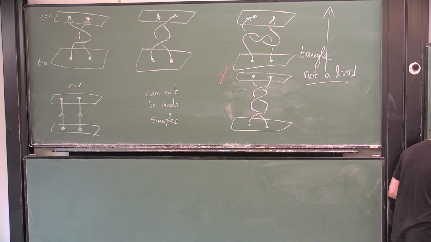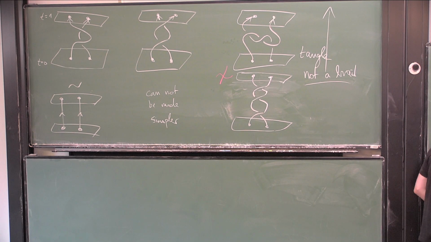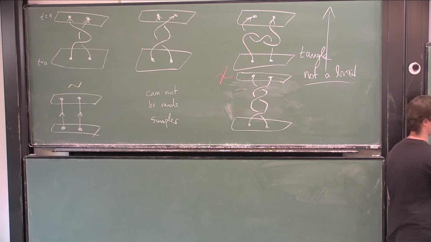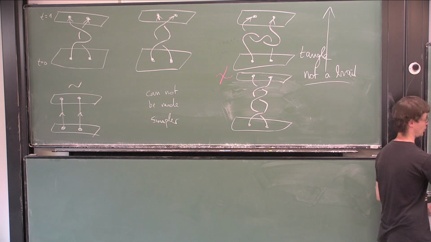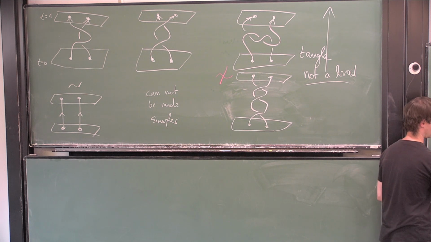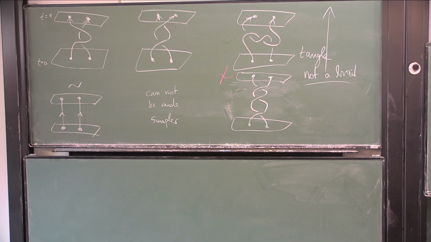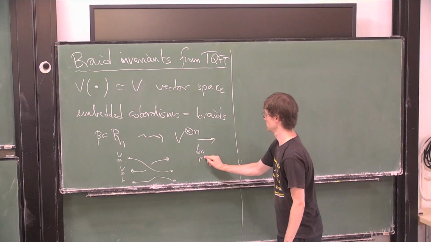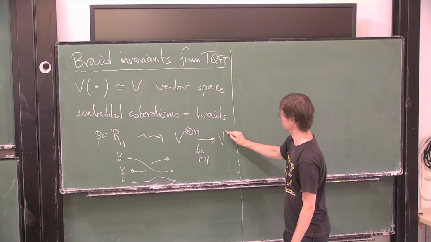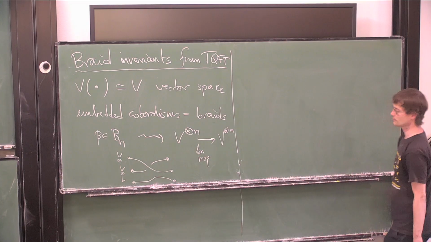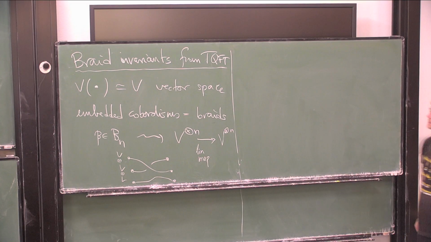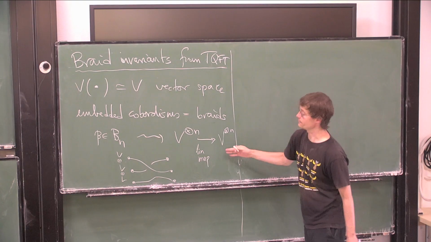Well, let's write it once more from left to right. Every point gets a vector space V. Since the points are disjoint, you have a tensor product. So if you have n strands, you have n tensor products, and you have a linear map to the tensor.